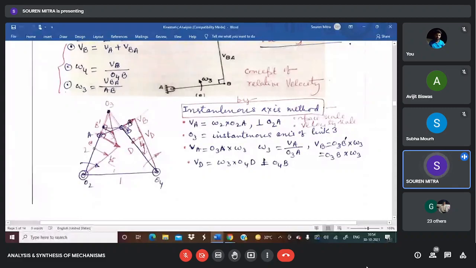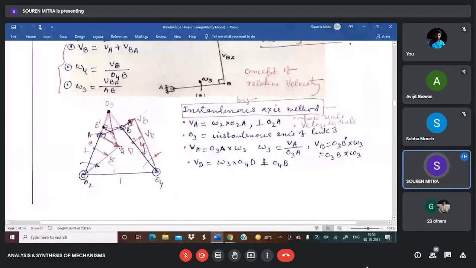Say consider this link O2A. Velocity at A is this much. Now, suppose we want to determine the velocity at some other point over here. There are two options. We determine the distance from O2 to that point and multiply it by omega 2. But for that, you have to make calculations. Without making any calculation, we can still find it.